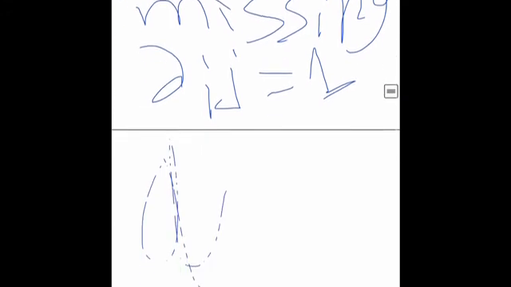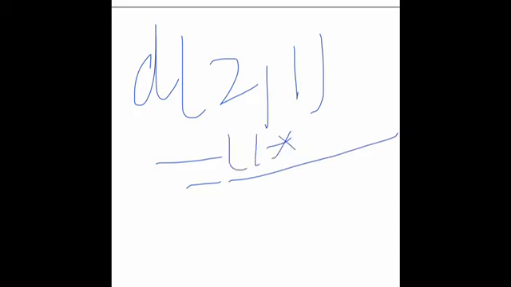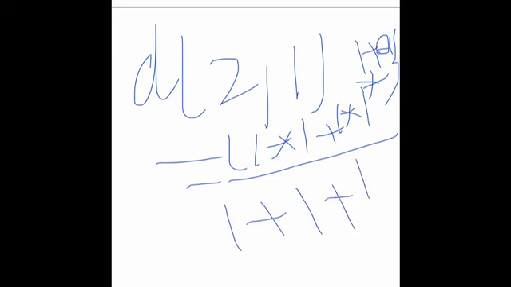Then we calculate the delta ij for 2 and 1 in the mixed attribute: 1 times 1 plus 1 times 1 plus 1 times 0.5, over 1 plus 1 plus 1.